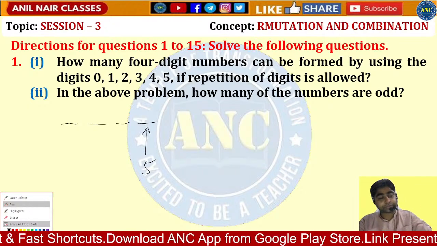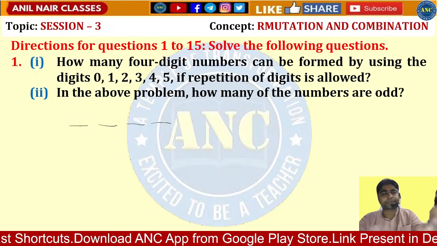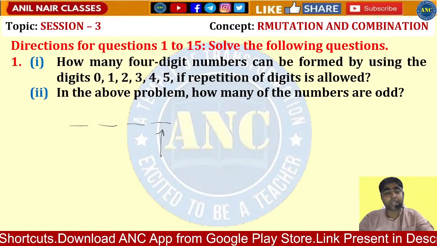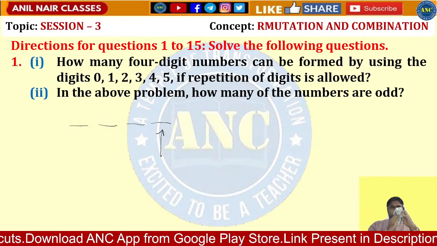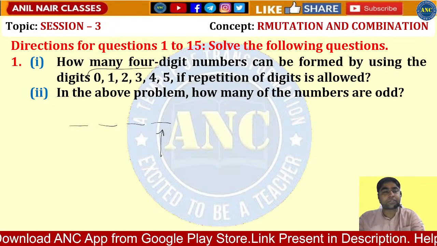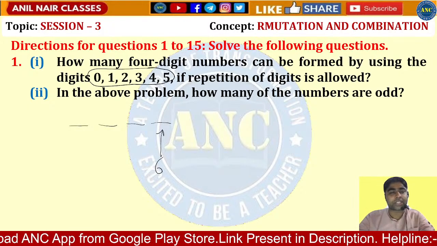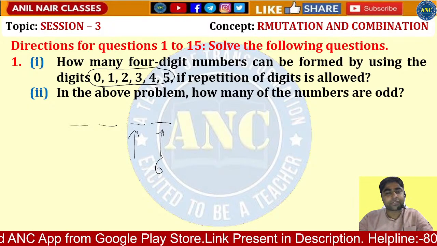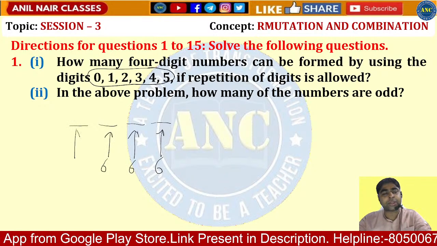So I have to form a 4-digit number. What all can I place here? I can place either of these 6 numbers. So I have 6 options for this. Similarly for this place also I have 6 options. For this 6 options.